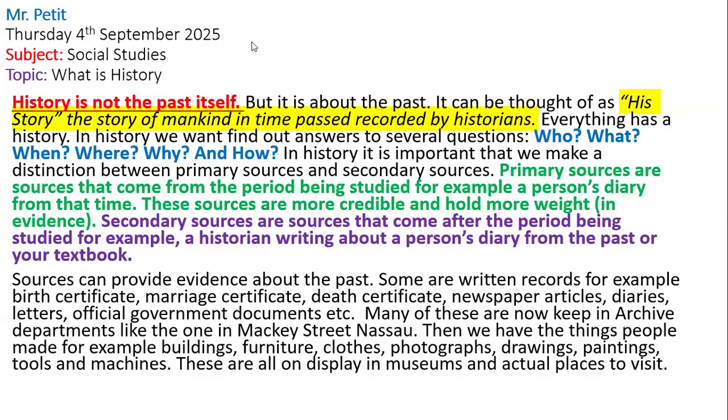Then we have the things people made, for example, buildings, furniture, clothes, photographs, drawings, paintings, tools, and machines. These are all on display in museums and actual places to visit. Very good.